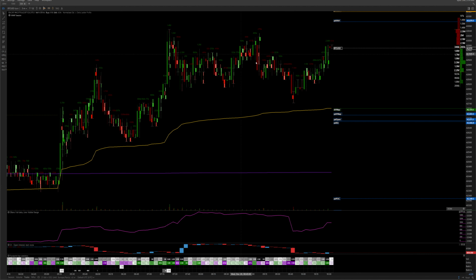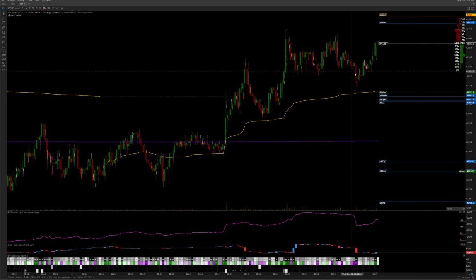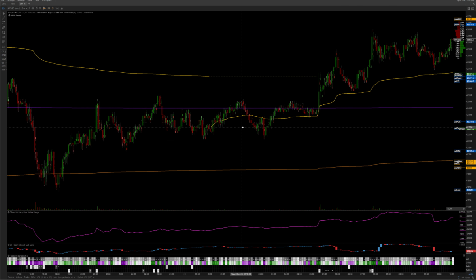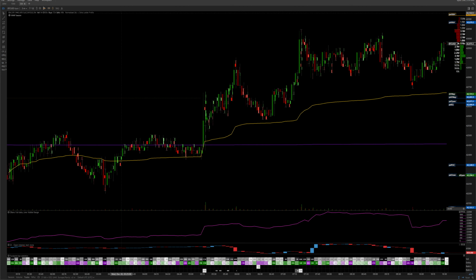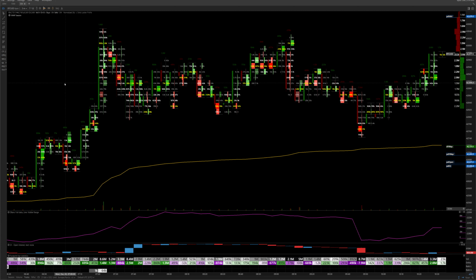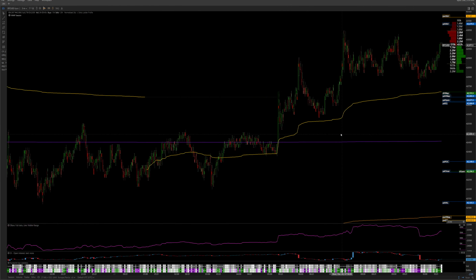But if we go and get the reaction here, the bearish one, we cannot retrace. It looks like we didn't get it because we are now pushing up. Okay, 3 minutes.